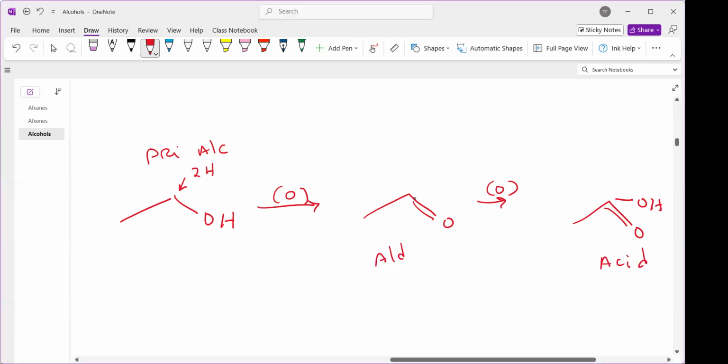What it does, it converts it to the aldehyde. There's another enzyme in your liver called aldehyde dehydrogenase, which converts it to an acid, and this ends up being acetic acid or vinegar. We pee it away. That's how your body detoxifies ethanol.